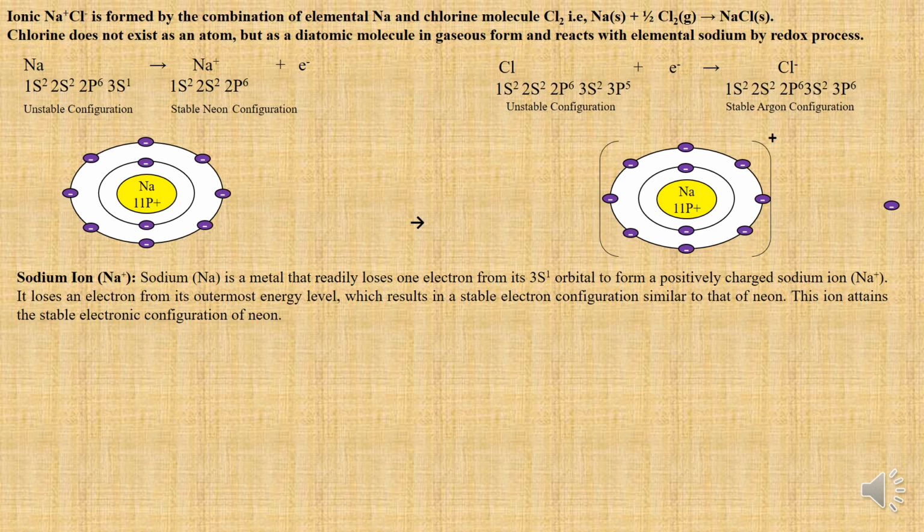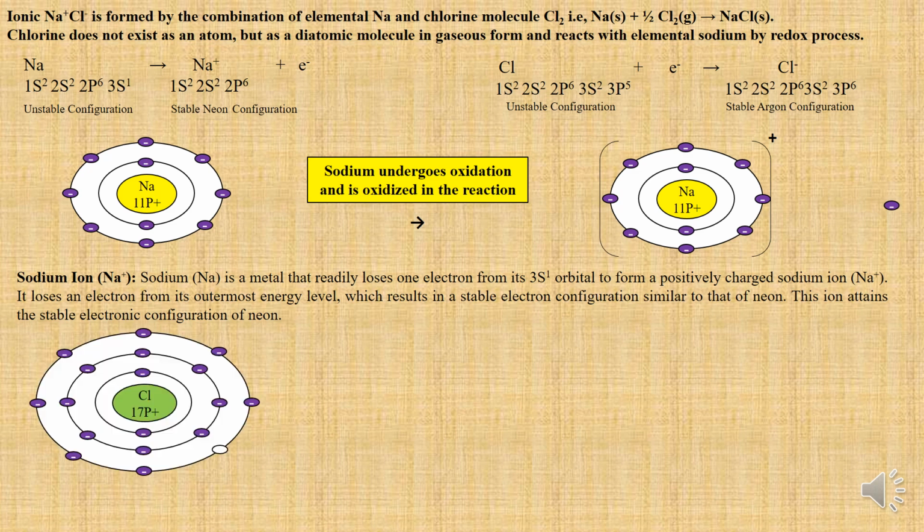So sodium is a metal that readily loses 1 electron from its 3s1 orbital in the outermost shell to form a positively charged sodium ion. It loses an electron from its outermost energy level, which results in stable electronic configuration similar to that of neon. So this ion attains the stable electronic configuration of neon. Sodium undergoes oxidation, that is, it is losing 1 electron from the outermost shell and is oxidized in the reaction.